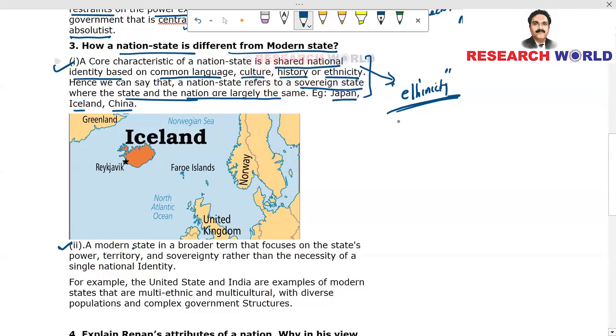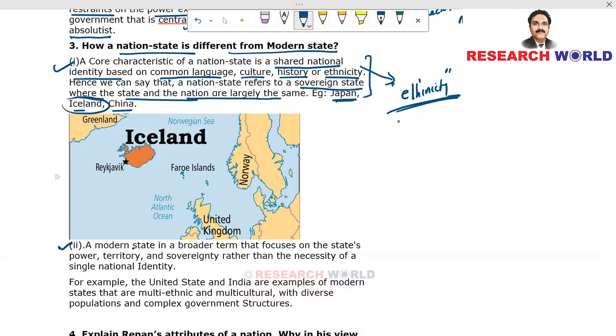So in such a country, of course, it's a sovereign country ruled by the people using their government. And you say that state and the nation are largely the same. So, examples: Japan and China. Another example which you can consider is Iceland.